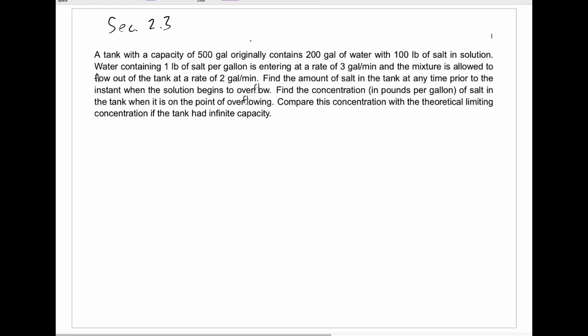Well, we want to talk about the amount of salt in the tank. So I'm going to start by saying let Q of t be the amount of salt in the tank at time t.